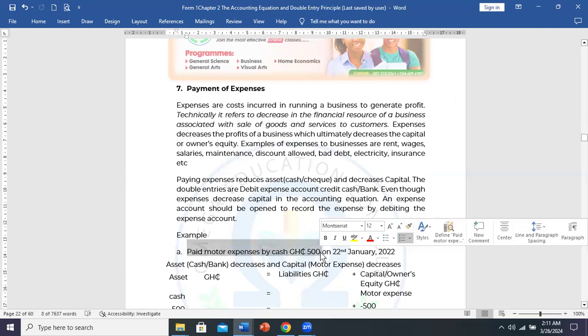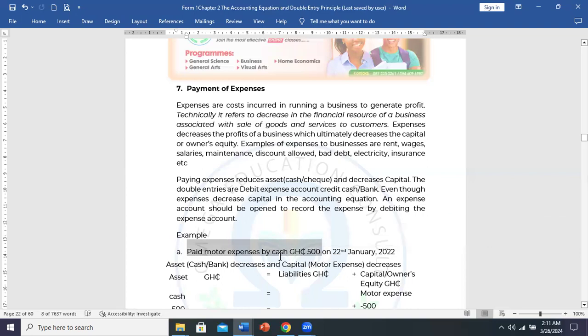So the business paid an expense, which is motor expense related to motor vehicle. So we open the motor vehicle expense account and we open the cash account. We'll debit motor vehicle expense and then we'll credit cash. In terms of the effect, this motor expense will decrease capital and also decrease asset cash.